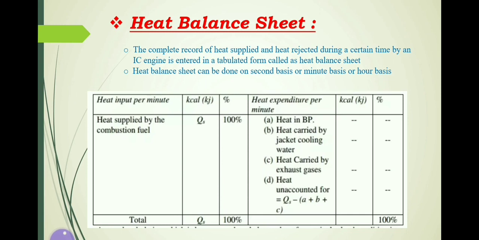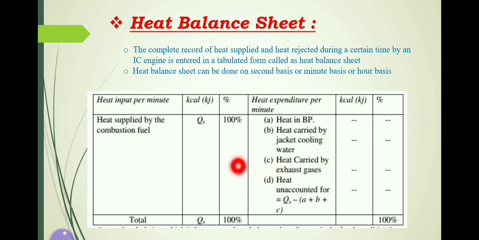Now, whatever the amount of energy produced, how it is distributed, we have to show in this right side column, the heat expenditure. First, the main amount of power is going to be transferred to the brake power, heat in the brake power. Second, heat carried out by the jacket cooling water. Some amount of energy will be transferred to the cooling water, and some amount to the exhaust gases.